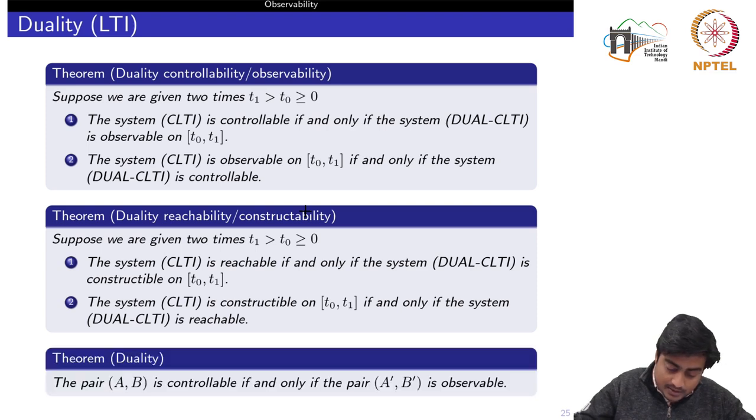We can also summarize these two results in the form that the pair AB is controllable if and only if the pair A transpose B transpose is observable. This is only valid for the LTI system. We will see how these conditions vary for the LTV system.